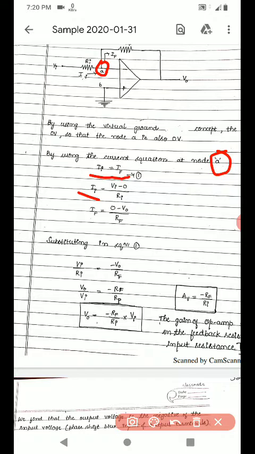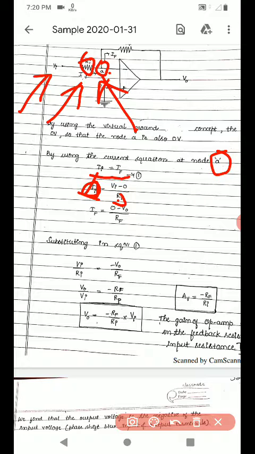Next, how will we represent the currents? I equals V divided by R, where R is nothing but Ri. You can represent the current II this way. Coming to the voltage, we take the voltage difference between this point and this point, that is Vi minus Va.